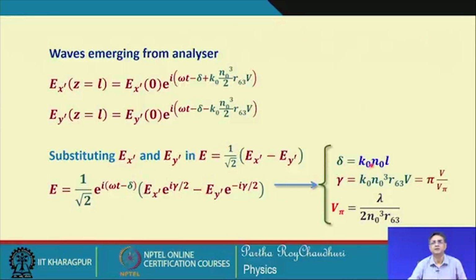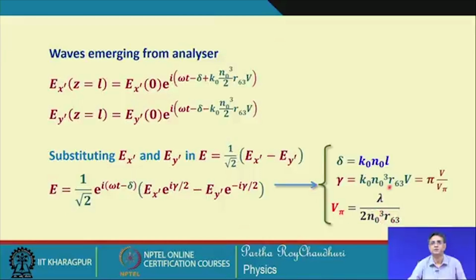Delta is the fixed phase, whereas this gamma is the phase which is proportional to the voltage for each of the polarization, and this can also be represented in terms of the V pi, because you have a straight relationship. You have seen that V and V pi can be related. So, V pi is equal to this.